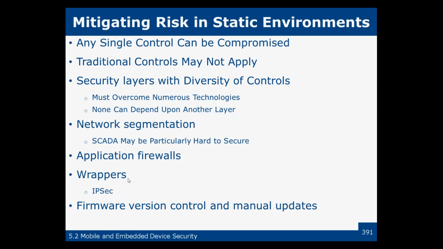Application firewalls are going to look inside the packet to see what's there. They can help you keep applications off of the network that you don't want, and those may be a number of things.